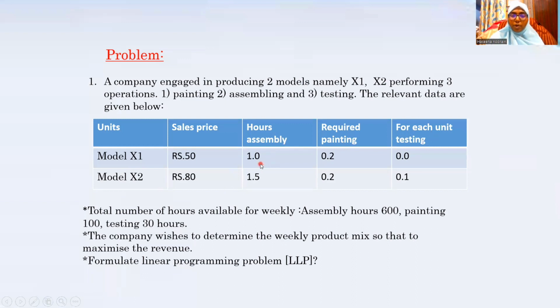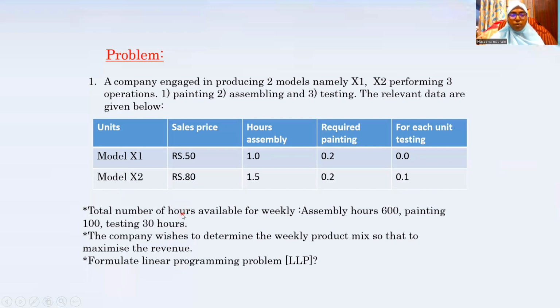So it is 1.0 x1 plus 1.5 x2, less than or equal to 600 because it is a maximization problem. Then it is 0.2 x1 for painting plus 0.2 x2, and the painting hours are 100, so less than or equal to 100. The last one is 0.0 x1 plus 0.1 x2 less than or equal to 30 hours. So this will be our time constraint.